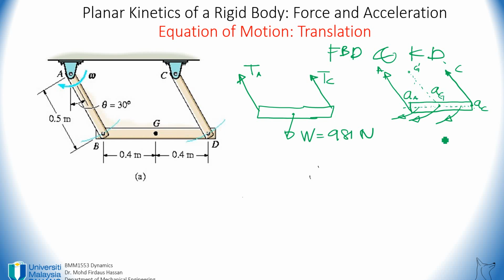So for the kinetic diagram, because this is a curvilinear motion, this one is AN, and this one is AC.